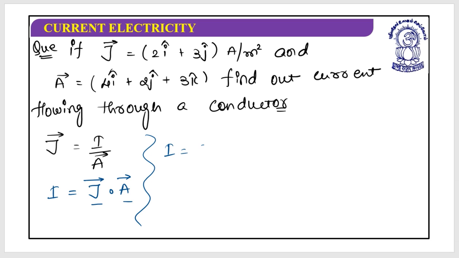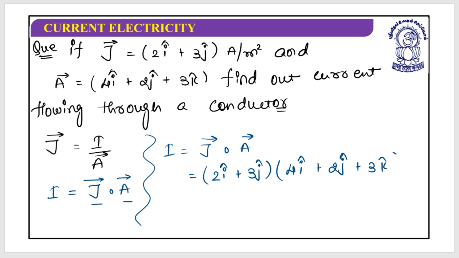Then I equals J dot A, which is 2I cap plus 3J cap dot 4I plus 2J plus 3K. 2 4s are 8, 3 2s are 6, plus here no K cap, so it would be 0. It's 8 plus 6, it's 14 ampere. That's it. You did it.